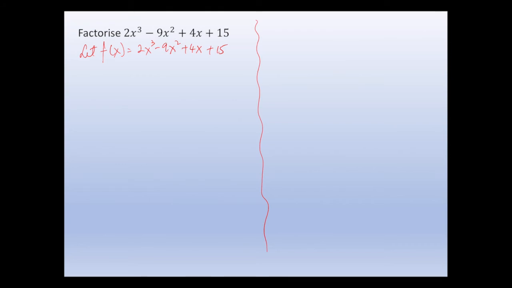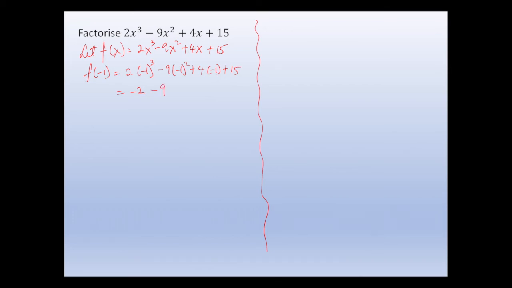Alright, the factors of 15: minus 1, 1, 3, minus 3, 5, minus 5, and 15 and minus 15. So what I'm going to do is try f of minus 1. 2 times minus 1 cubed minus 9 times minus 1 squared plus 4 times minus 1 plus 15.